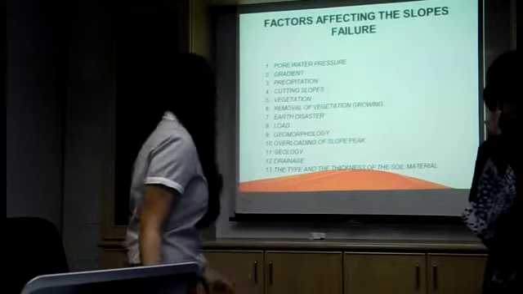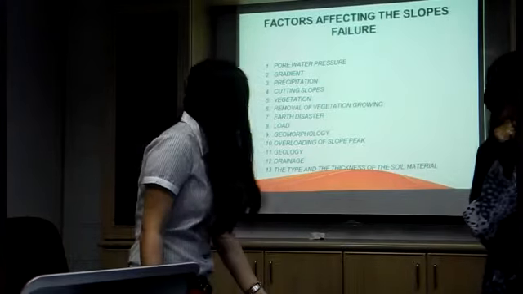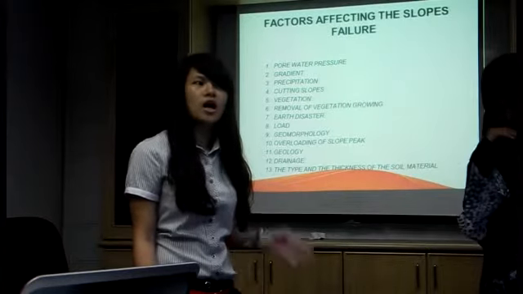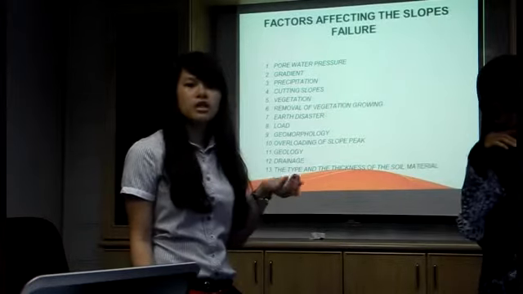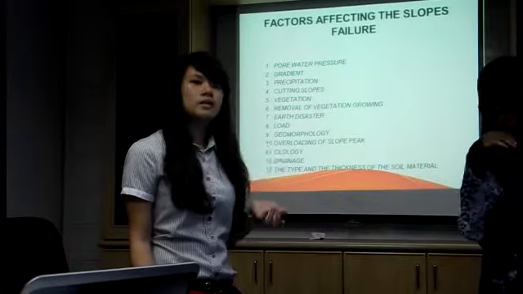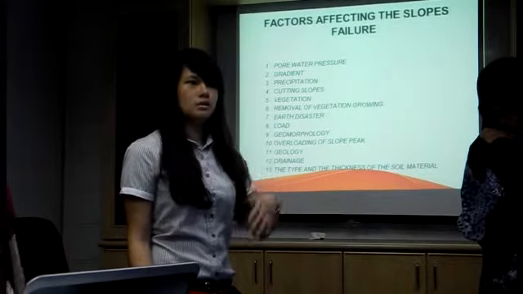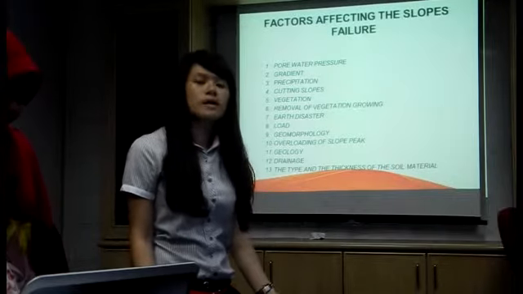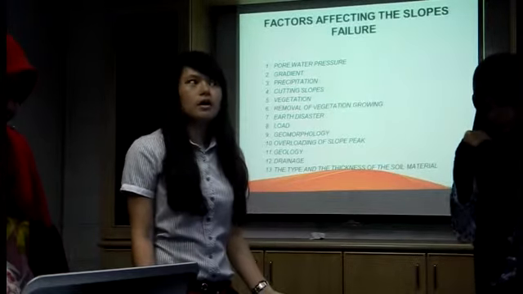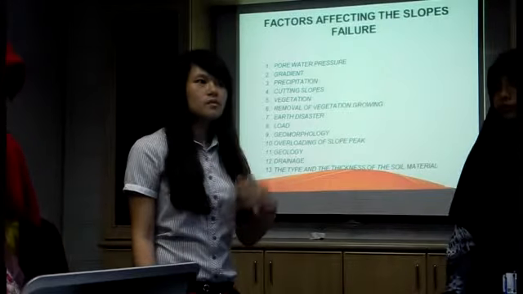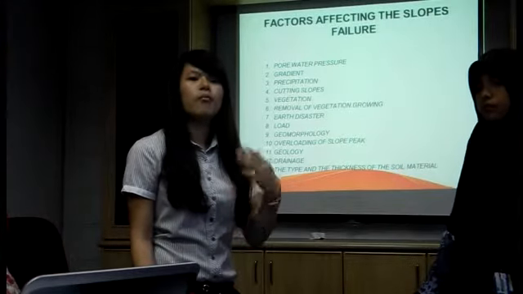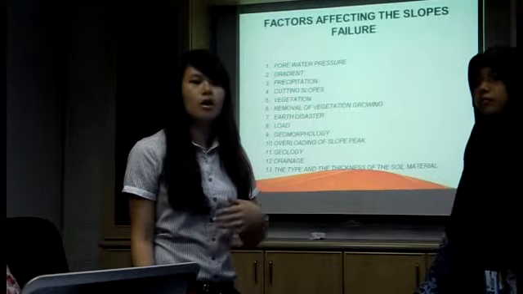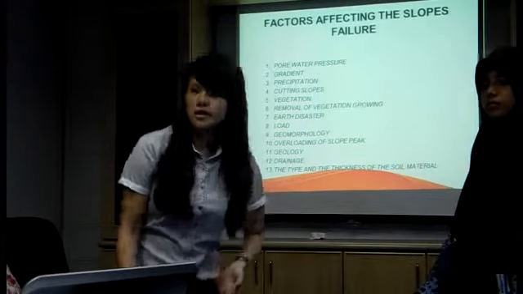Secondly, another point is earth disaster, such as earthquakes and volcanic eruptions. These earth disasters will trigger sudden mass movement of soil. Earthquakes will produce vibration and tension and increase the movement of the soil.